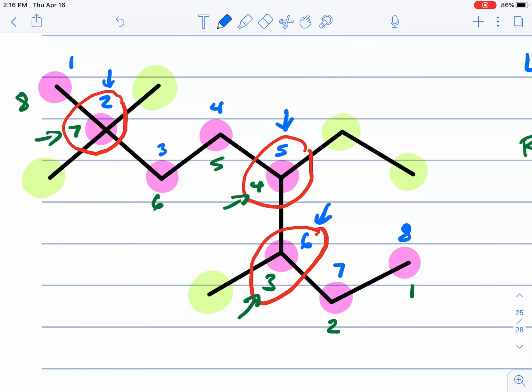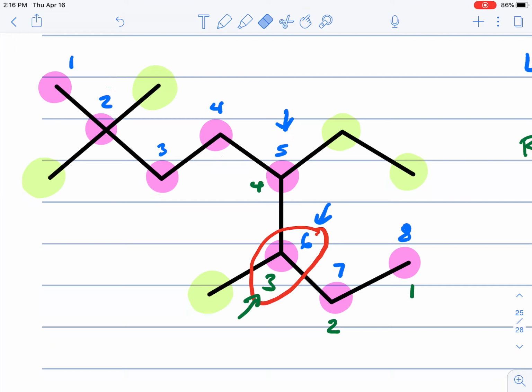As I'm erasing some of this, some of you might be thinking, wow, this is so nitpicky. The reason we have to be nitpicky with naming organic compounds is that if everybody numbers their carbons on their own system, there's no consensus.